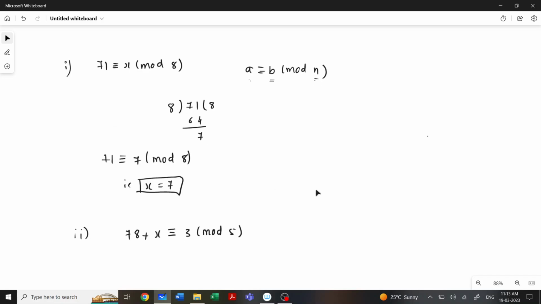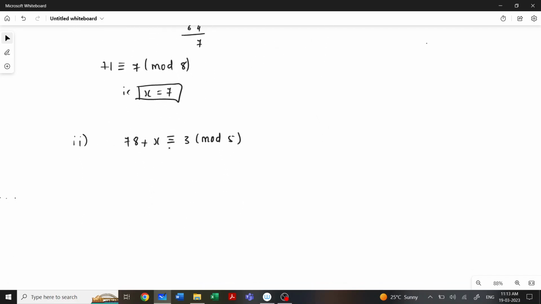Now here, by definition, a is congruent to b in mod n implies a minus b can be written as n into k, that is, a multiple of n, so n divides a minus b. By this definition, in our problem, 78 plus x minus 3 is a multiple of 5, that is, 5 into some integer 1, 2, 3, 4 like that.